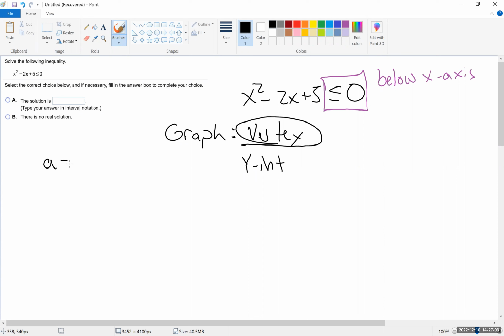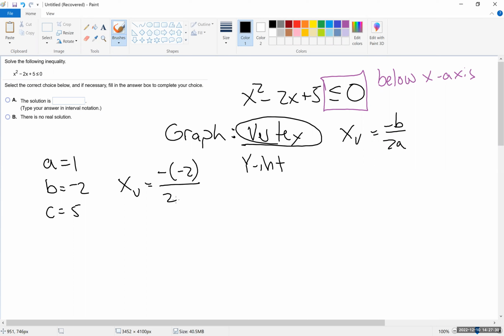Well, a is going to be 1 because it's the number in front of x squared. B is going to be -2, the number in front of x. And then c is 5. The x value of the vertex is -b over 2a. So let's plug that in. We have to be real careful because it's -b, and b is -2, divided by 2 times 1.